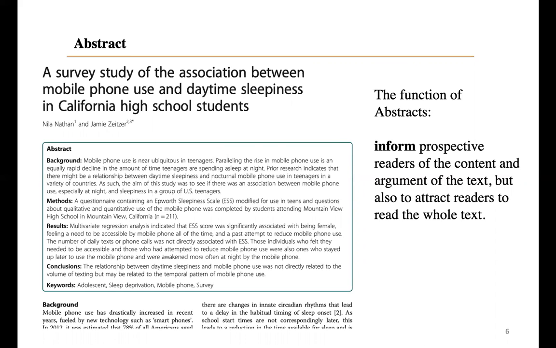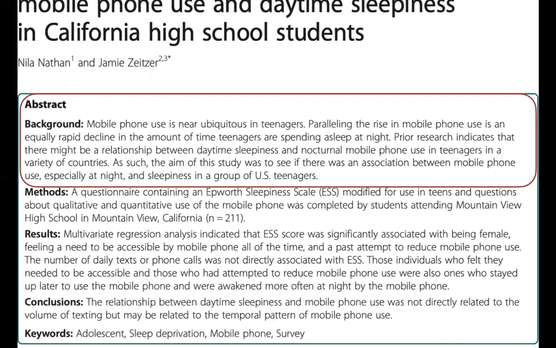But if we look at this abstract, this background carefully, we might find something more inside. So now let's read it closely. Is it only the background or are there any other components inside? I'll give you some time to read.